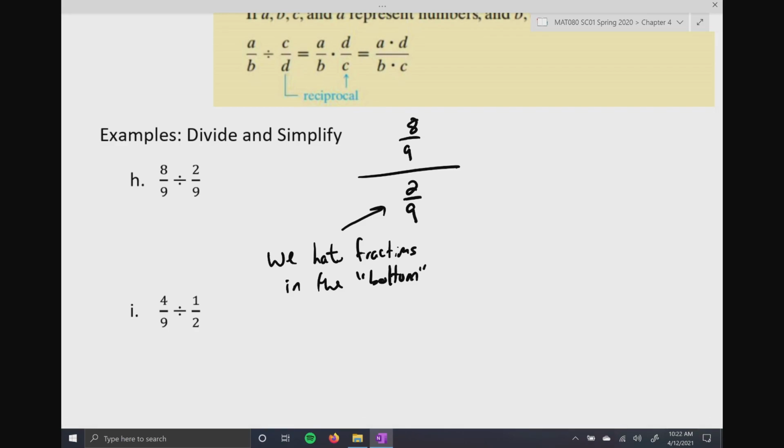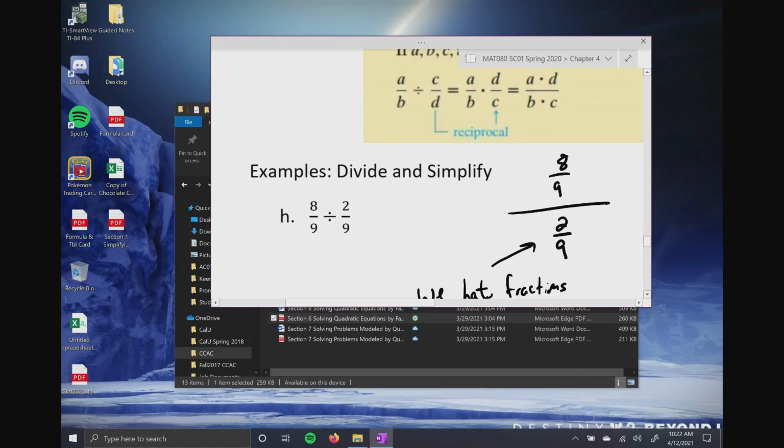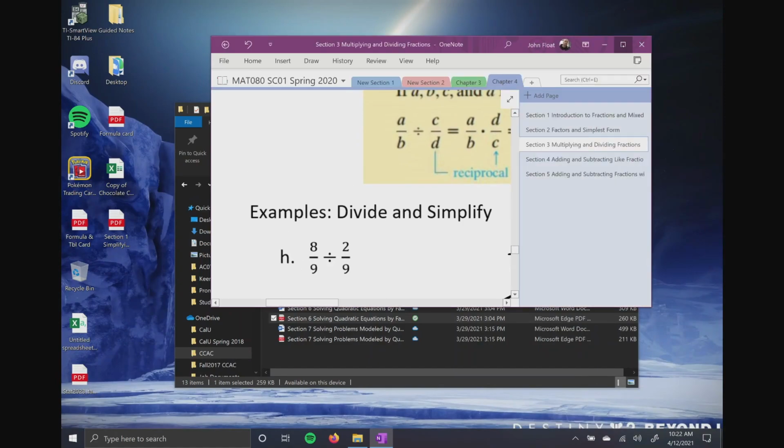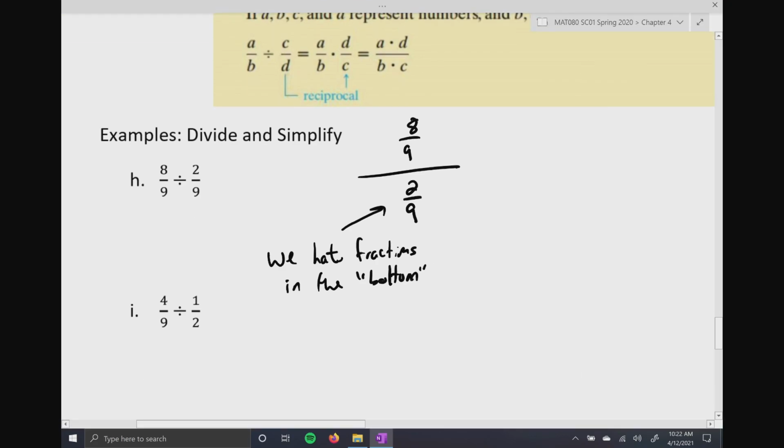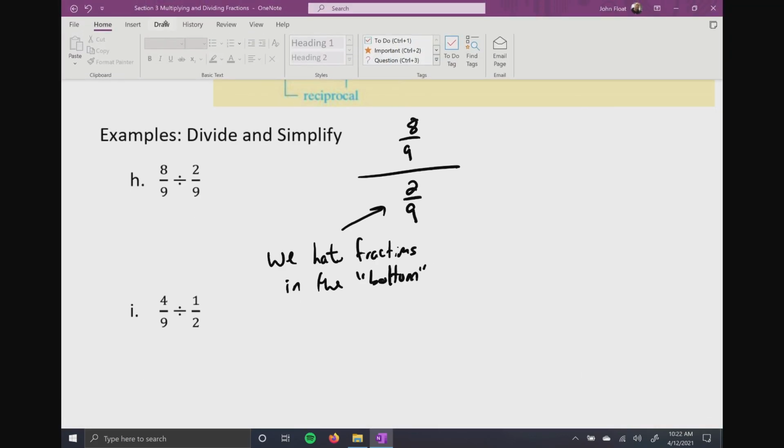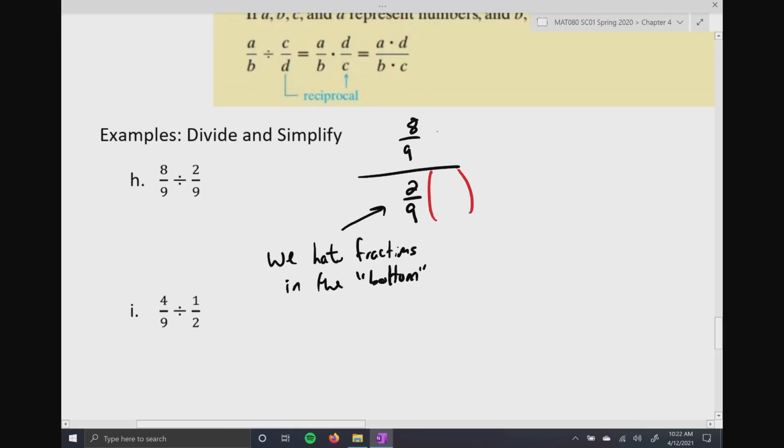So here's what I'm going to do. I'm going to be really clever on how I do this. So like I said, all you got to do is just watch. I am going to multiply both of these fractions, 8 over 9 and 2 over 9, by something very special.